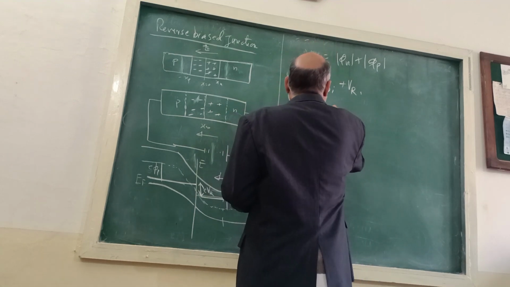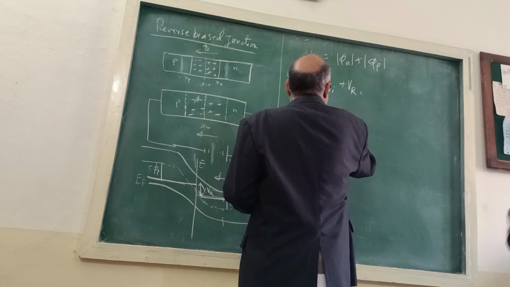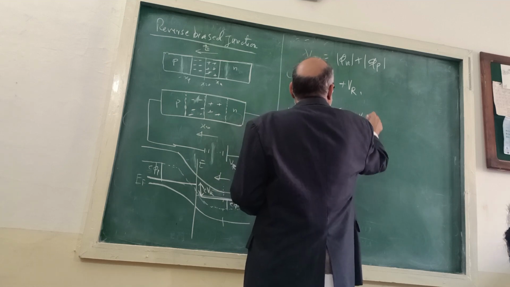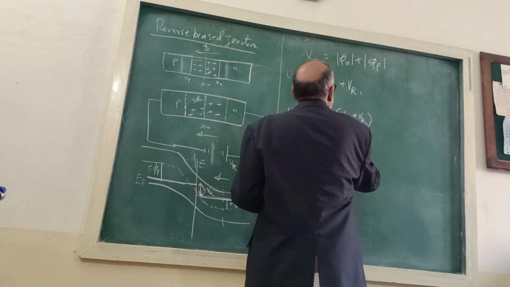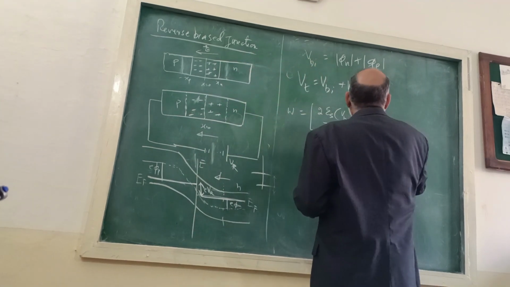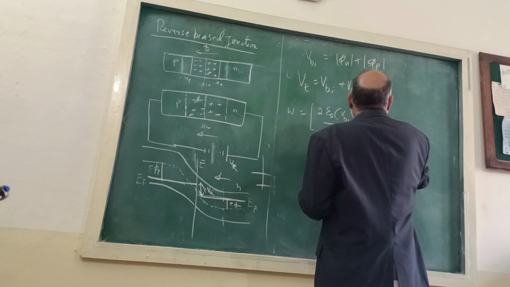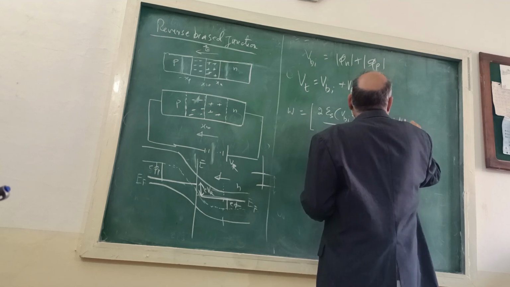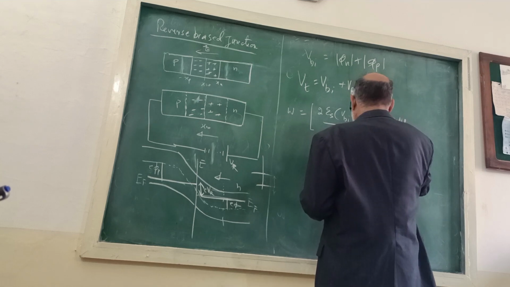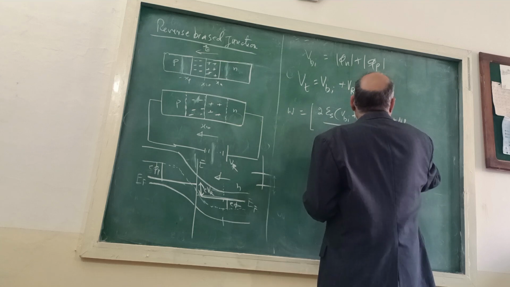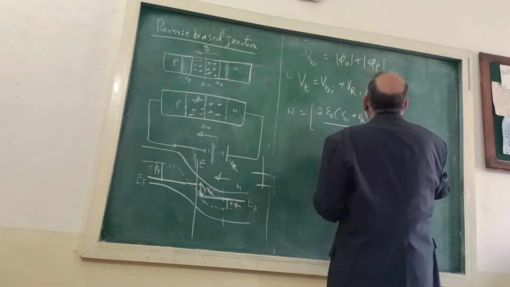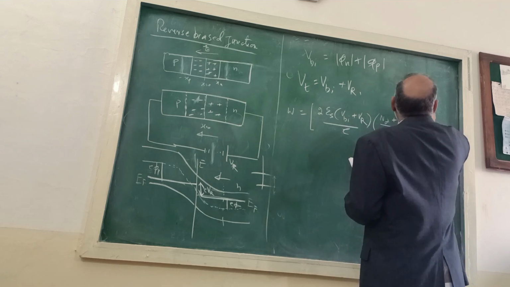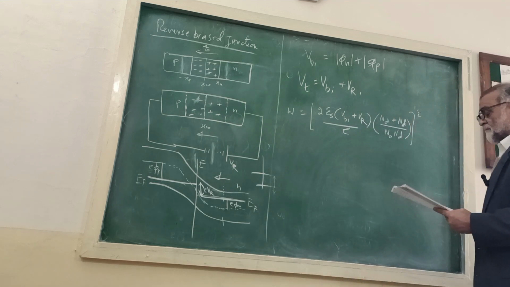So it will be 2 epsilon S, instead of VBI alone, VBI plus VR, divided by E, and NA plus ND divided by NA and ND, whole to the power 1/2.